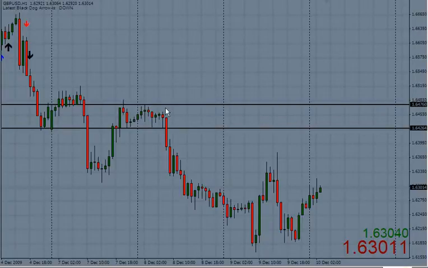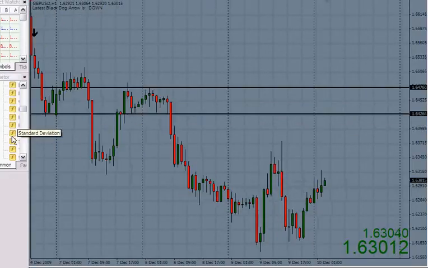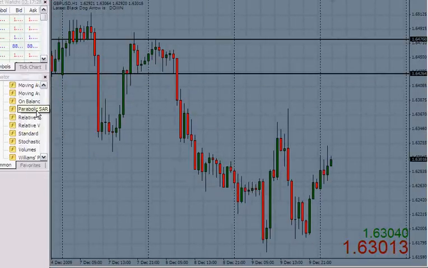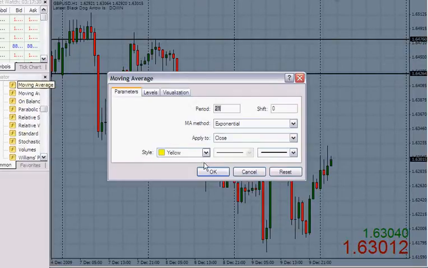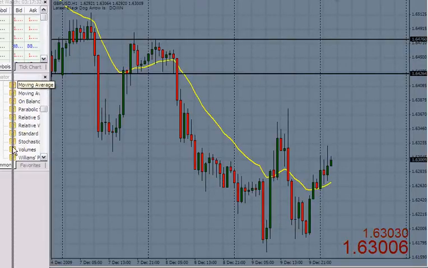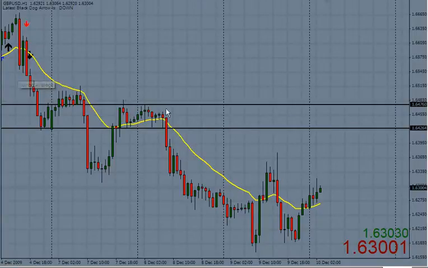But I used to have a 21 EMA going on the chart. I'll just quickly show you, but it was not the best strategy to use with that, because when you have a view of the market, sometimes the market just can reverse and go in the opposite direction. As you can see here, I was trying to have a view of the market.